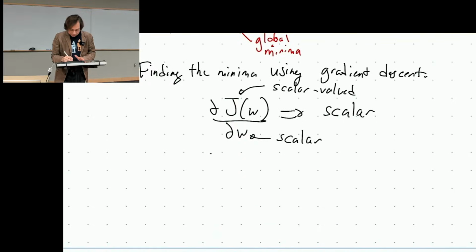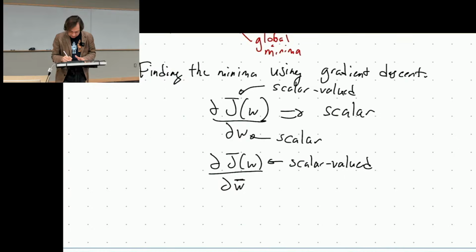If you take the derivative of a scalar valued function with respect to a vector, and I'll just indicate it's a vector this time with a little bar on top, that's going to give you a vector, specifically a row vector.